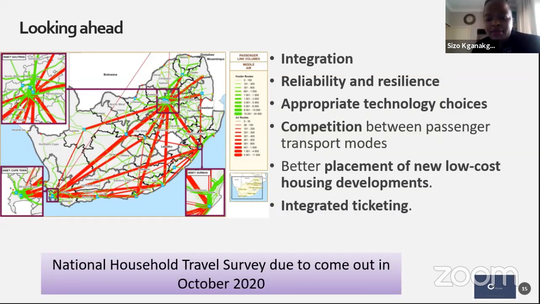And the better placement of new low-cost housing and developments. I think this has also been a point that we spoke about around spatial planning. Because it's the root of some of the issues when it comes to public transport, especially with the minibus taxis.